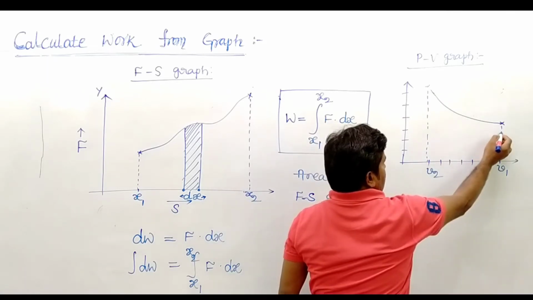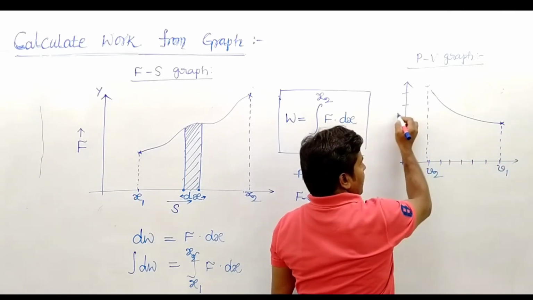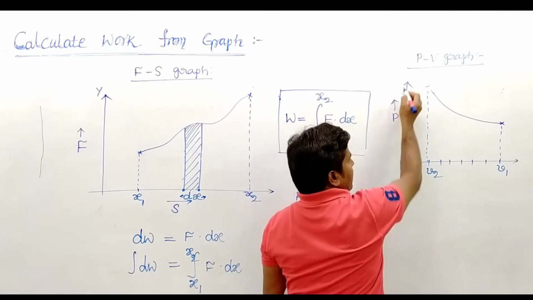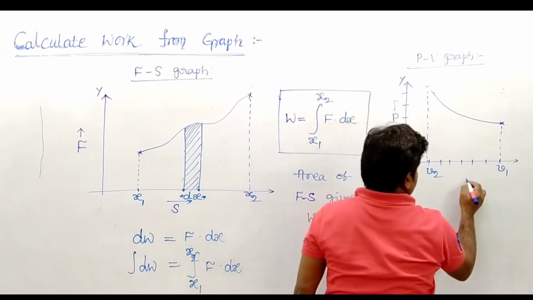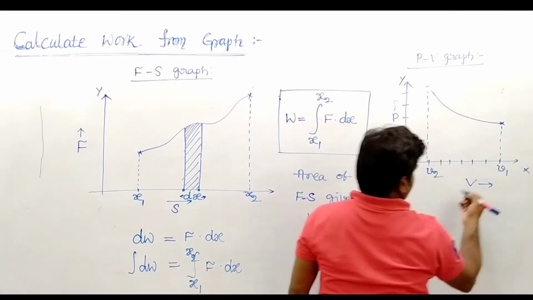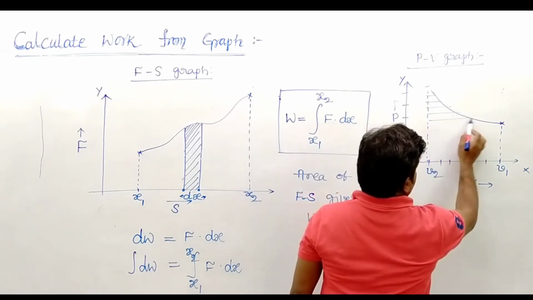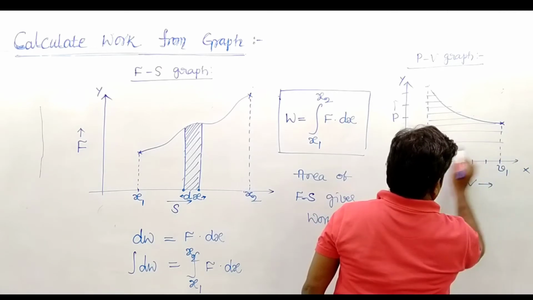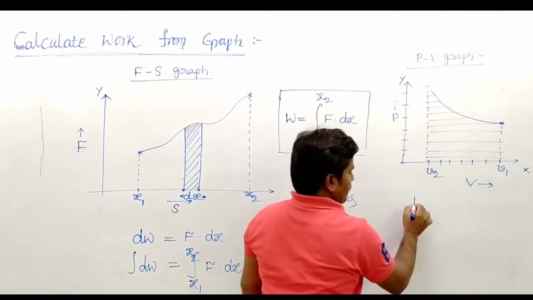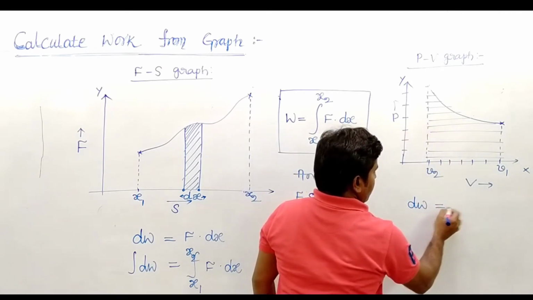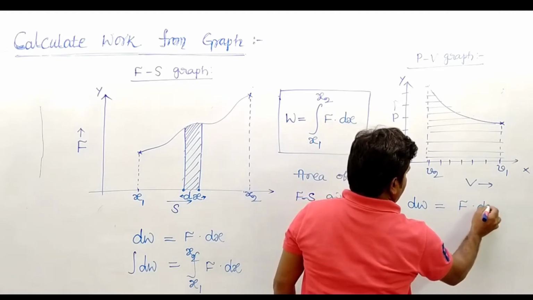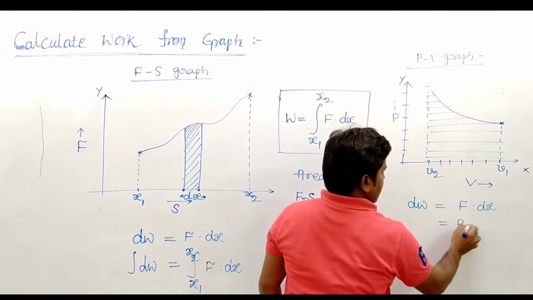In this condition, in the pressure and volume graph, pressure is taken on the y-axis and volume on the x-axis, and the graph has this shape. Here also the work done is dW equals F into dx, where F is pressure into area.